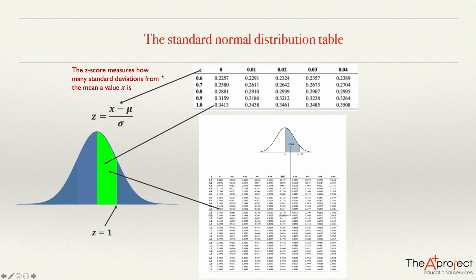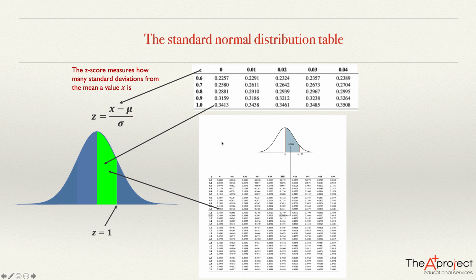So this table actually defines another variable that is also normal, but whose mean is 0 and standard deviation is 1. This distribution is called the standard normal distribution, and obviously people call this the standard normal distribution table.